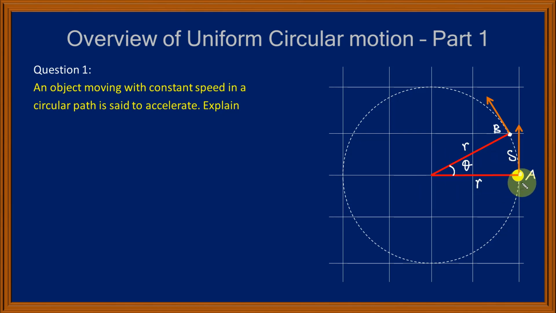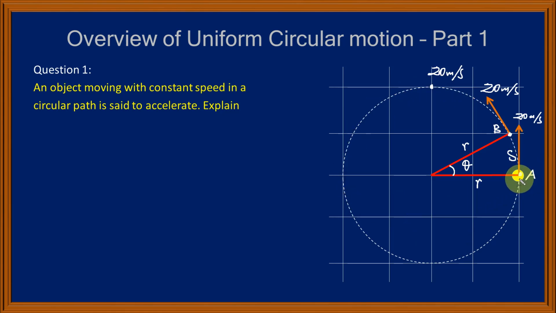But at this point, since it is starting at point A, let's assume that its speed is 20 meters per second. And because it's uniform speed, its speed at point B is also 20 meters per second. Even when it goes to some point here, its speed will still be 20 meters per second. So its speed is constant. That is, the speed is uniform.